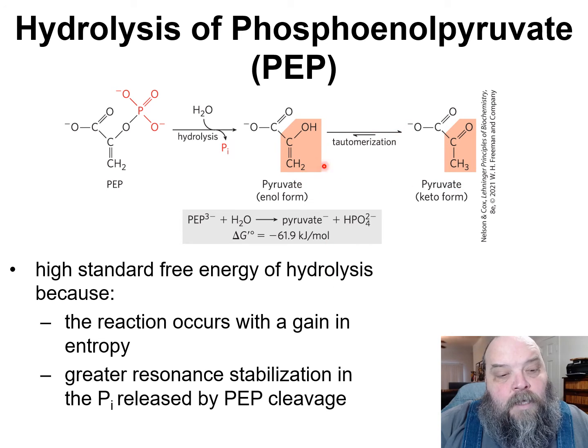Pyruvate, enol form to keto form. Boom, boom, boom. That seems to be the way it wants to go. Yes, it will bounce back, go the reverse, but not quite as easily as it wants to change. Swap out this hydroxyl, have it become a carbonyl, and this becomes a methyl, or CH3.